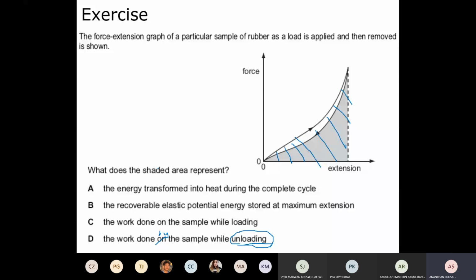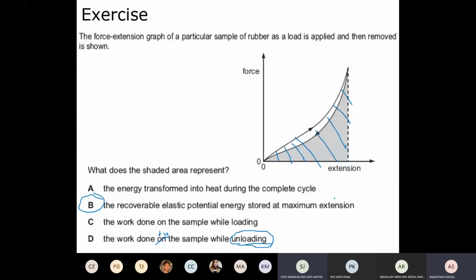The best answer is, of course, B. The recoverable elastic potential energy, the potential energy which is recovered at the maximum extension. So the answer should be B. D is a mistake because they say on the sample. It should be by the sample. Then D could be the answer.